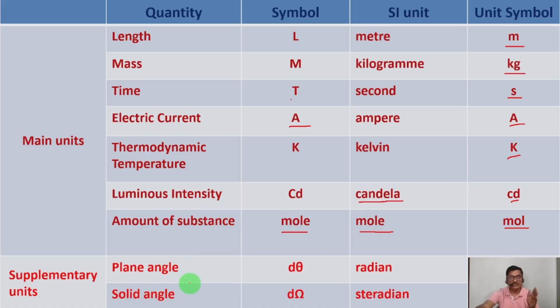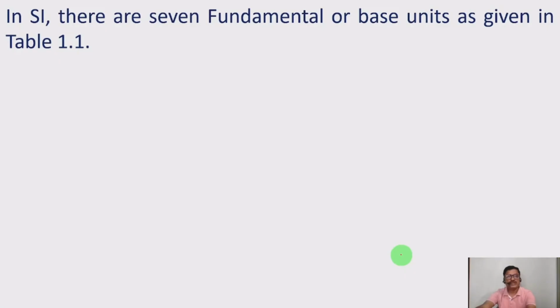One is plane angle, whose symbol is d theta, and SI unit is radian, with unit symbol RAD. Another is solid angle, symbol d omega, and SI unit is steradian, with unit symbol SR. How these angles are to be considered, I will take up, and the definitions of all these units I will discuss further.